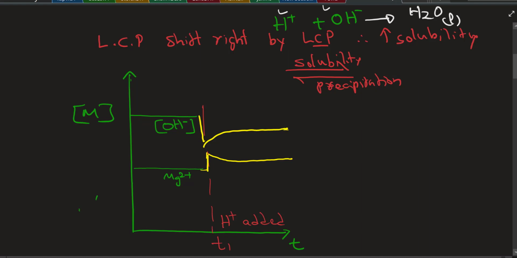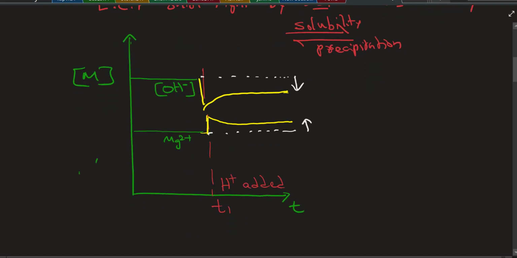So magnesium spikes up a little bit and it flattens out. That's the re-establishment of the equilibrium, and that's how you understand this picture. We should notice that overall the magnesium concentration has gone up from the previous level, and the hydroxide concentration has gone down from the previous level.